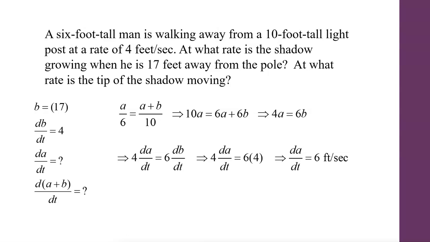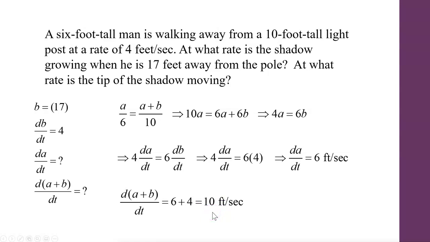I take the sum of the derivatives, right? So I'm using the word distribute here, not as a multiplication, but I can change the derivative of the sum to the sum of the derivatives, and that means I have dA over dt, which was 6, plus dB over dt, which is 4, and that would give me 10 feet per second, right?